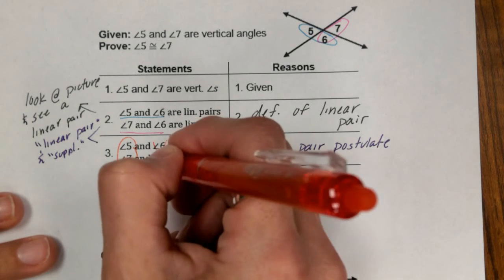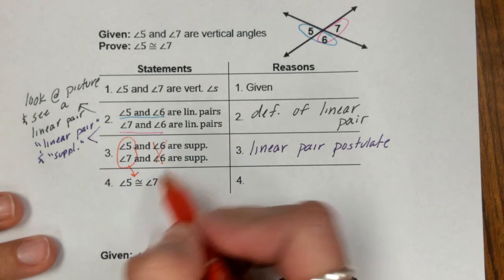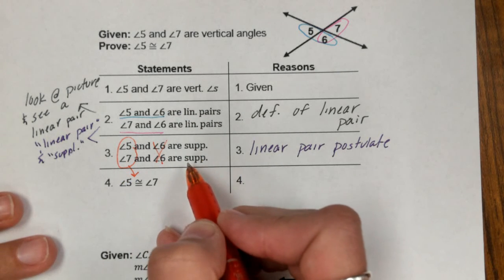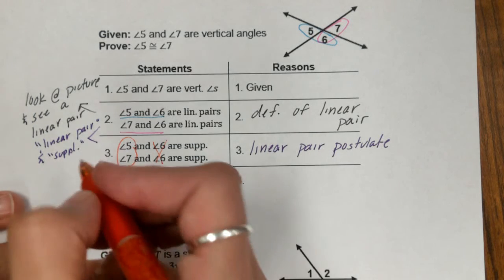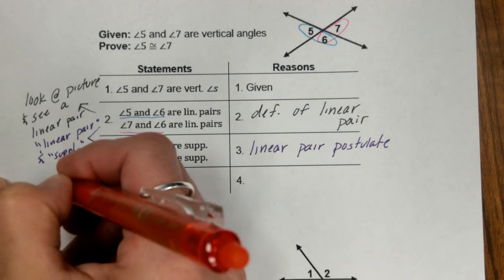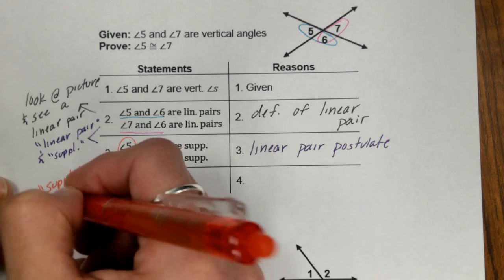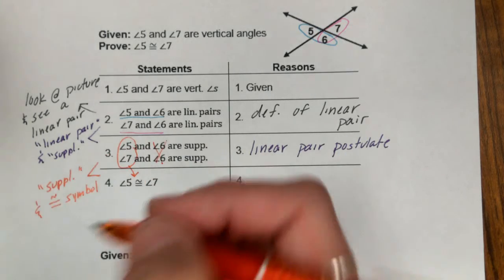So if we get rid of that angle 6 there, we bring the other two down. So we have two that are supplementary, and we have a congruent symbol. Okay, so just a heads up, that's what we're looking for. We're looking for supplementary and congruent symbol. And it's on there.